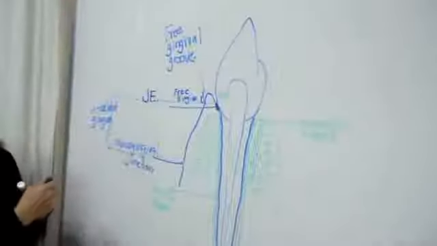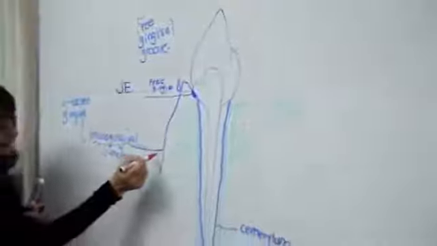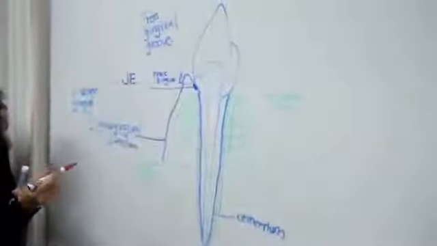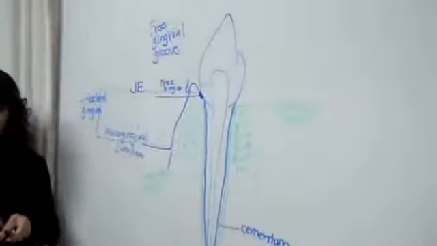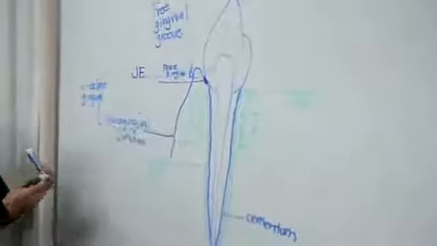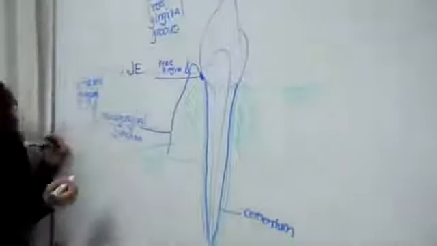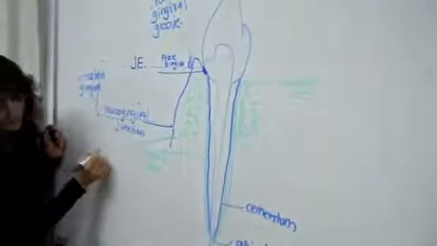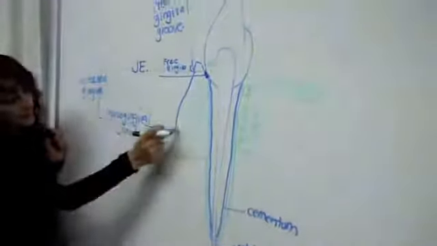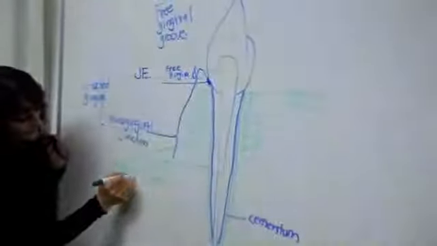Okay, so now from the mucogingival junction onwards, we have our, lucky I checked, it's a permanent marker. Okay, what do we have here then? If that's a mucogingival junction, that's our alveolar mucosa.